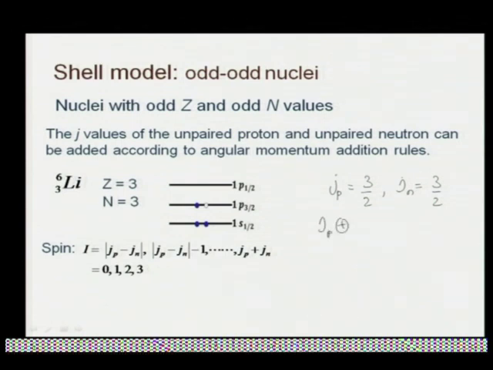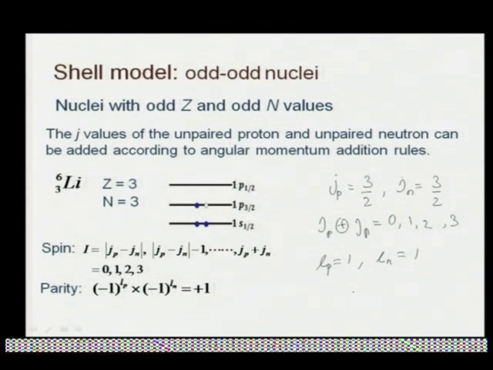So, J p plus J n will give you 3 by 2 minus 3 by 2 is 0, which is the minimum, and 3 by 2 plus 3 by 2 is 3, which is the maximum, and in between there are 1 and 2. So, the possible I values are 0, 1, 2 or 3, and parity is a multiplicative quantum number. So, what you have to consider is the angular momentum of this single unpaired proton, which is equal to 1 because it is in the p state, and L n is equal to 1 again because the neutron is also in the p state.